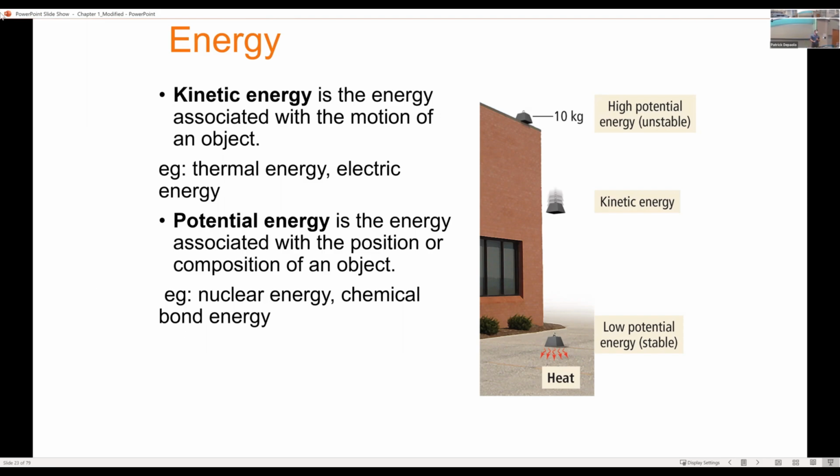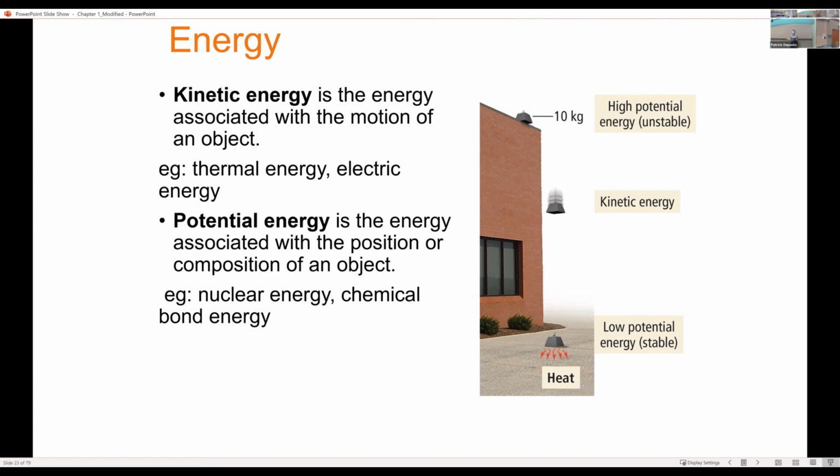Potential energy is the other form of energy. The way I think of it is the potential to become kinetic energy. It is the energy associated with the position of something. If I hold this high up, it has more potential energy than down here, because once I remove the force that is keeping it in the air, which is my hand, it will fall to the ground.